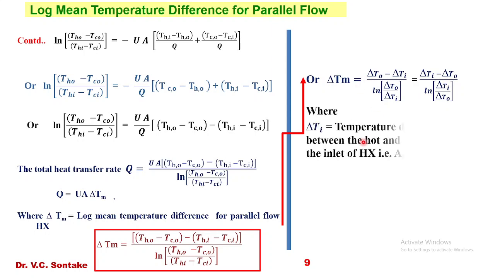In this expression, delta Ti is the temperature difference between the hot and cold fluids at the inlet of the heat exchanger, that is Ai is equal to 0. So delta Ti is equal to THI minus TCI.